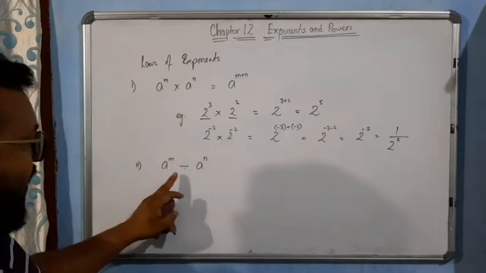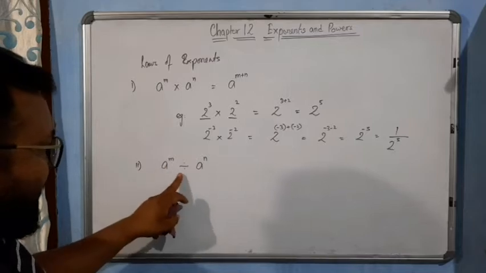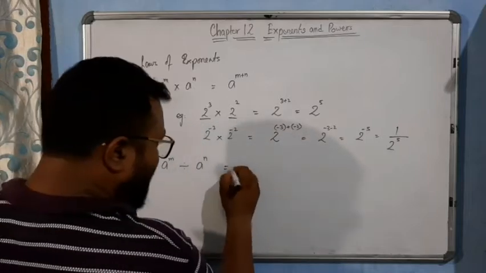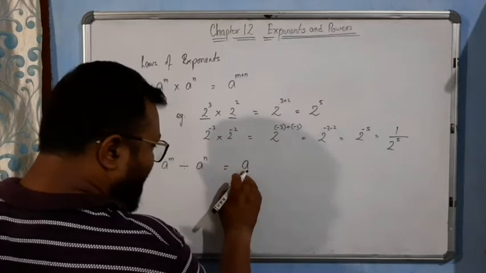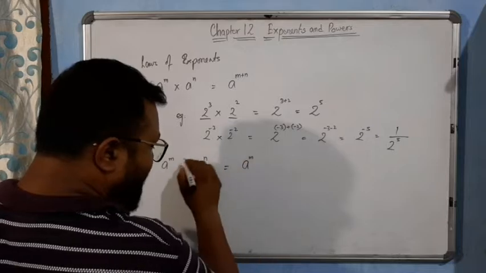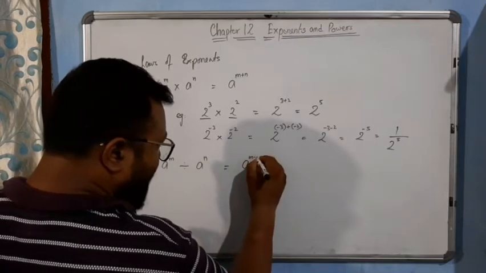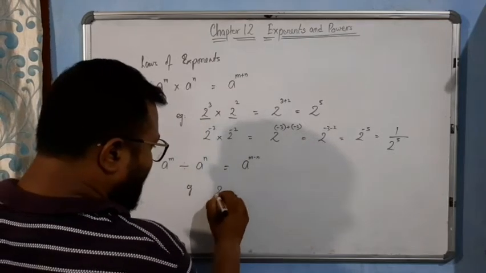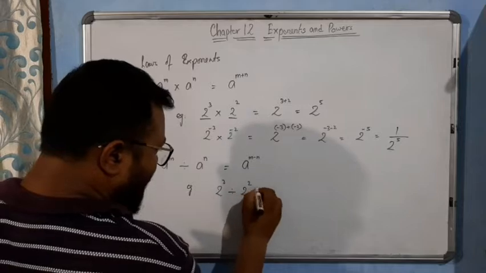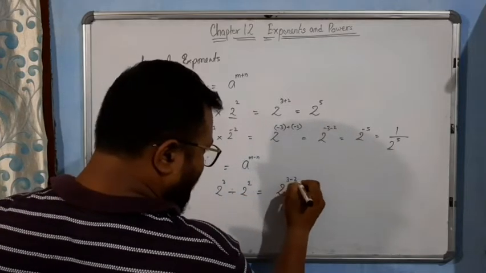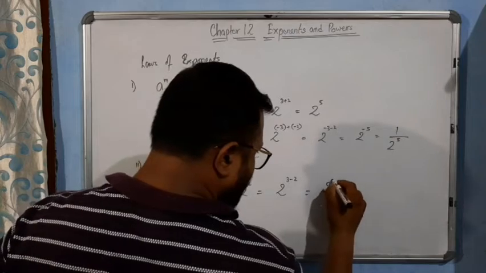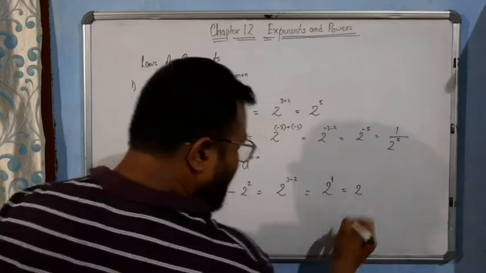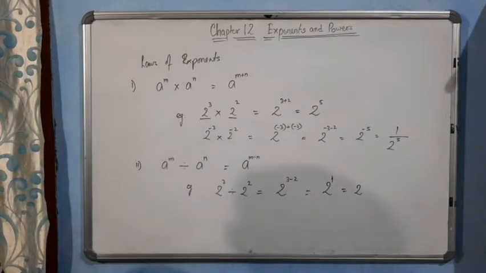Now here we have division, and the base is again the same with different powers. So we write the base one time and the exponents get subtracted, that is m minus n. Example: 2 cube divided by 2 square is 2 to the power 3 minus 2, which is 2 to the power 1, equal to 2. So this is the second law.